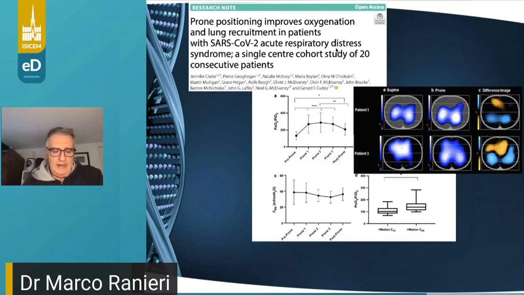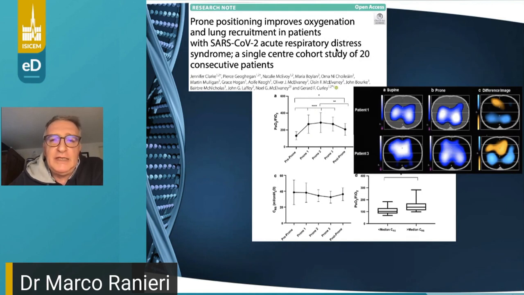And let me briefly conclude with some images, some data regarding the use of prone positioning in patients with COVID-19 induced ARDS. Now, ARDS is a common disease, is a common syndrome, is not anymore a rare syndrome. And as a matter of fact, prone positioning was used to improve oxygenation in patients not responding to conventional mechanical ventilation.